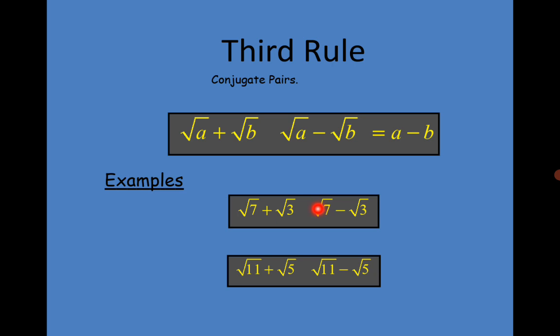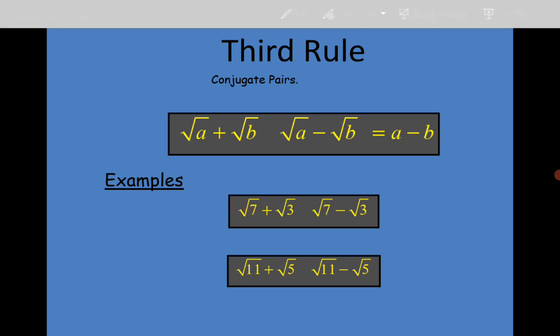Alright, so assuming we have brackets here, we are multiplying these out.